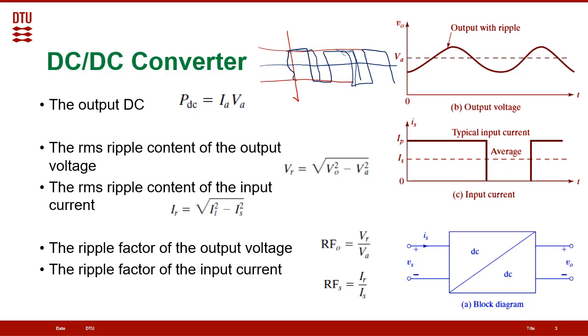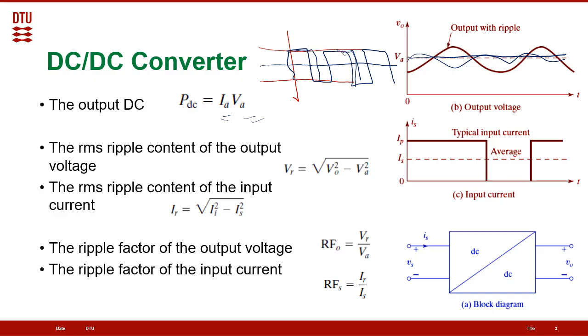So the output of the DC converter will be a regulated current and a regulated voltage. And because we are using a high frequency for chopping, we will have some ripple on the output signal.